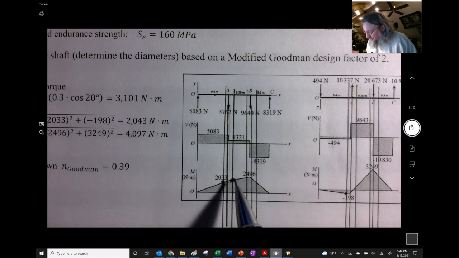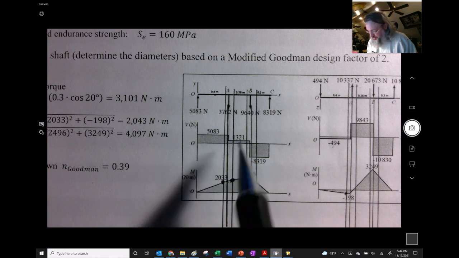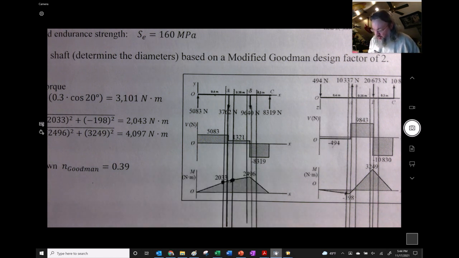and that slightly more is going to be 20 times 1320, or 0.02 times 1321, and I'm going to add that to the 2033. Boom.